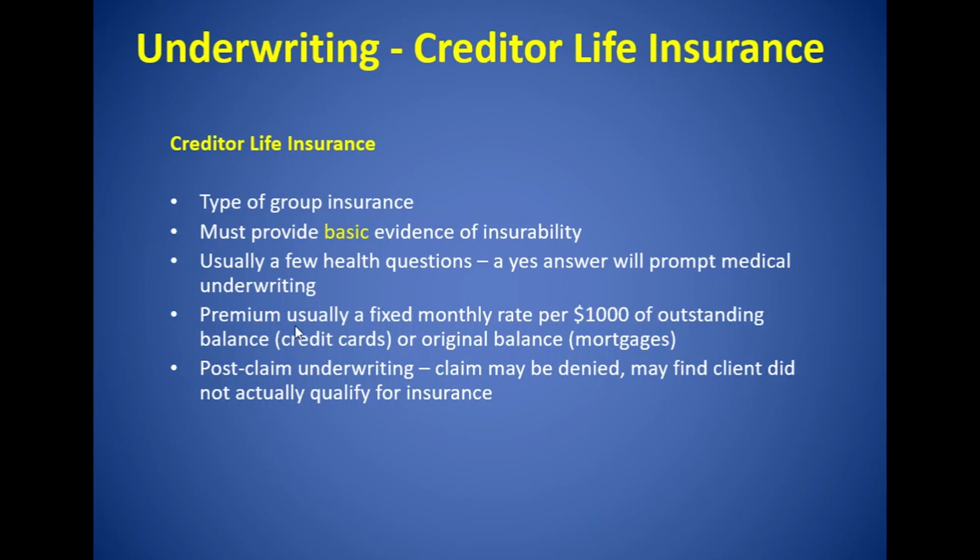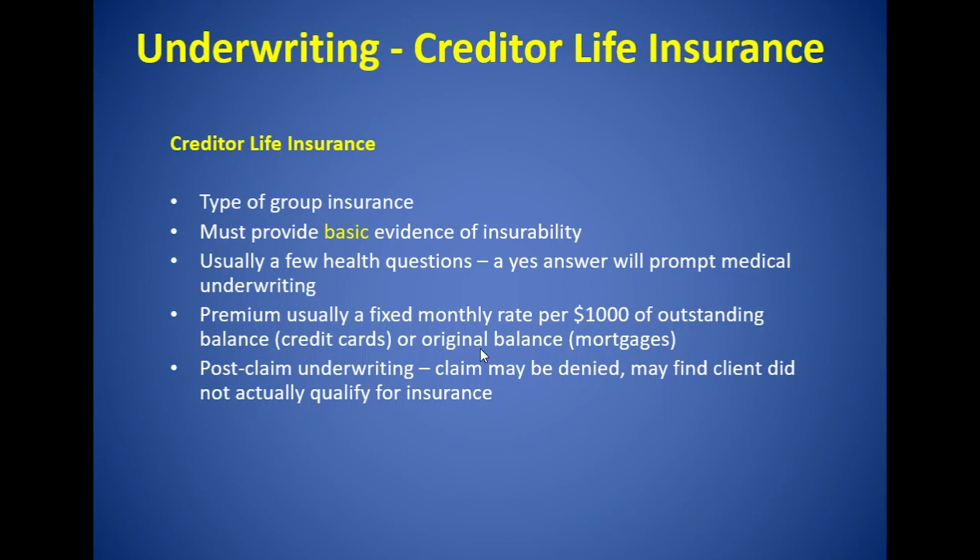Now, the premium you're going to pay for creditor life insurance is usually a fixed monthly rate per 1,000 of the outstanding balance that you owe. If it's a credit card balance, they're going to charge you X dollars per 1,000 of the outstanding balance that month. If it is a mortgage, then it's usually X dollars per 1,000 of the original mortgage.